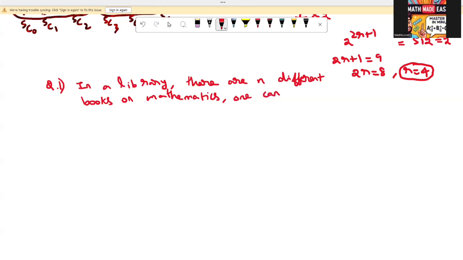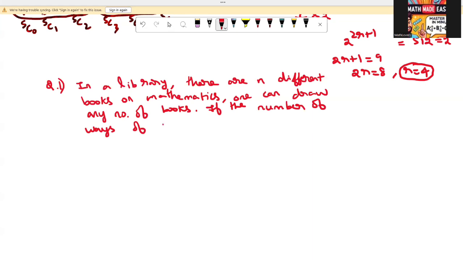One can draw any number of books if the number of ways of drawing books is 4095. Then what is n is the question.